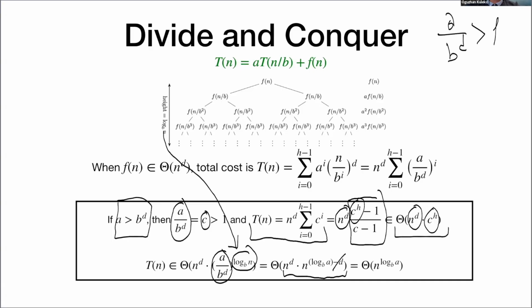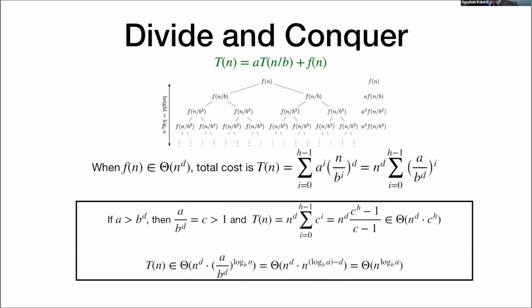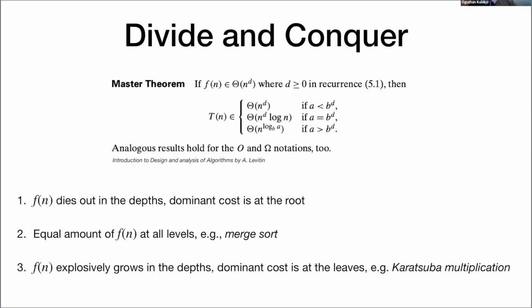So this one will eliminate this one, and you will be left with the final complexity of n to the power of log a base b if a is greater than b to the power of d. I know that it seems a bit complicated, but that was necessary to understand what the master theorem is telling us.